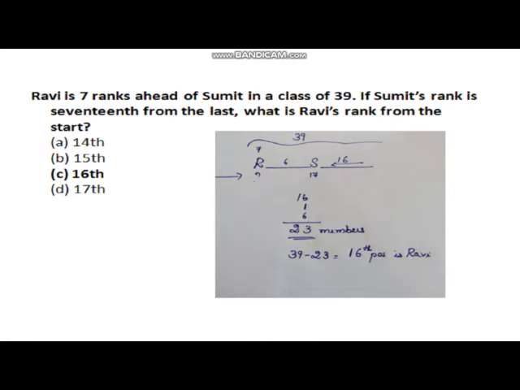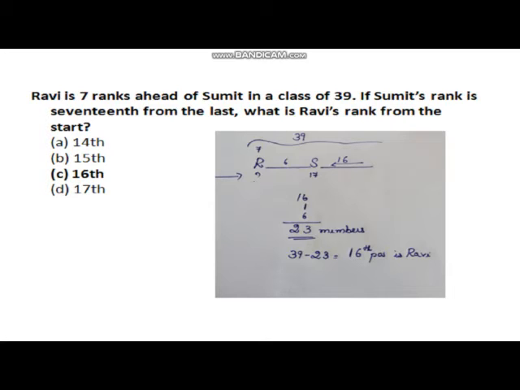What is Ravi's rank from the start? We have to find Ravi's rank from the start. So 16, that is the number of students after Sumit, plus Sumit, plus 6 in between Ravi and Sumit, which is 23 members, and the total number of students is 39. 39 minus 23 is 16.